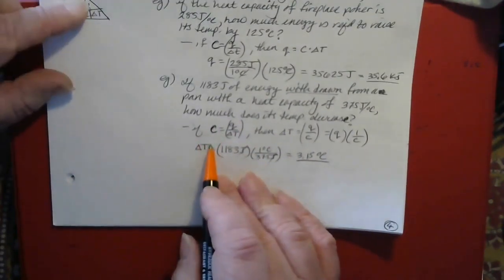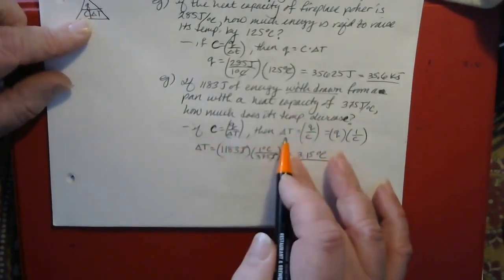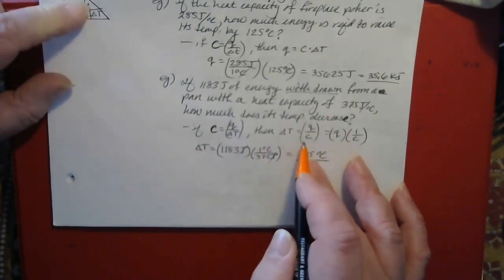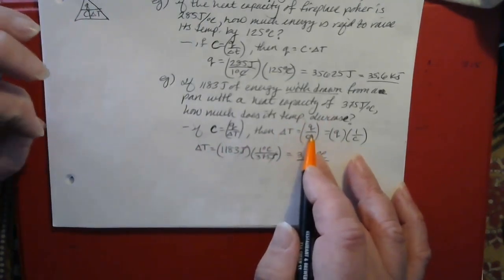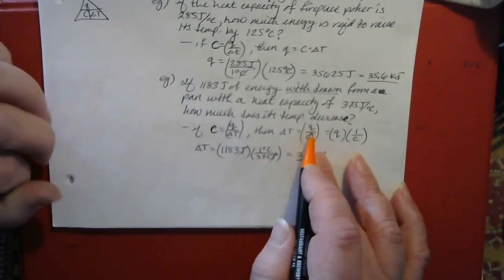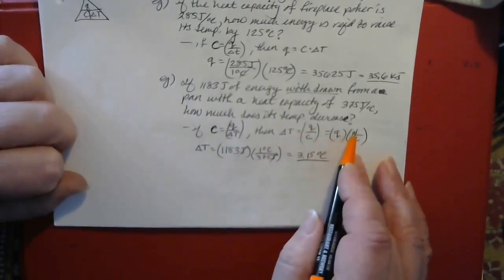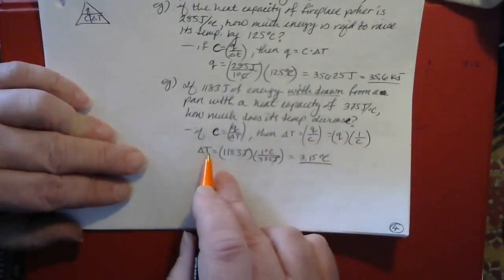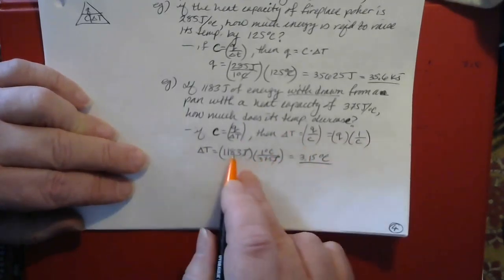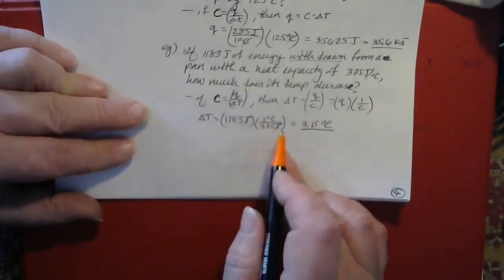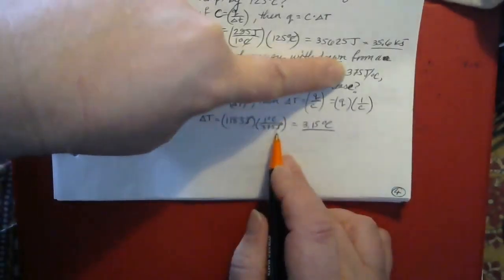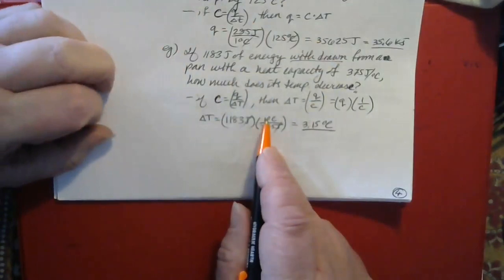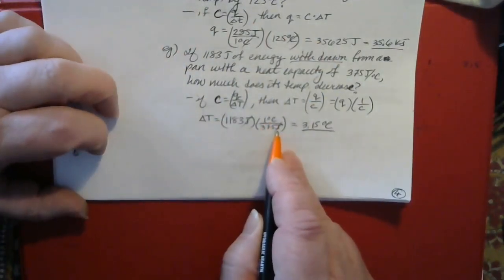So if C equals Q over delta T, then delta T must be Q over C. Okay, Q over C. And to make it clearer how the units work out, I'm going to take advantage of the fact that Q over C is the same as Q times 1 over C. So delta T should be Q, which is 1183 joules, times 1 over C. C is 375 joules per degree Celsius, so 1 over C would just be that flipped upside down: 1 degree Celsius for every 375 joules.